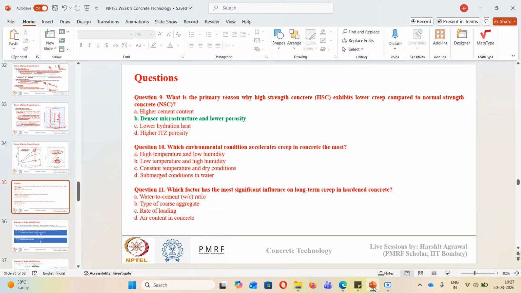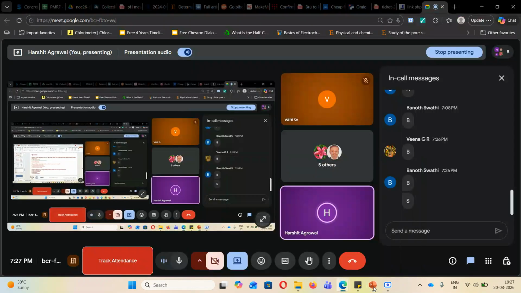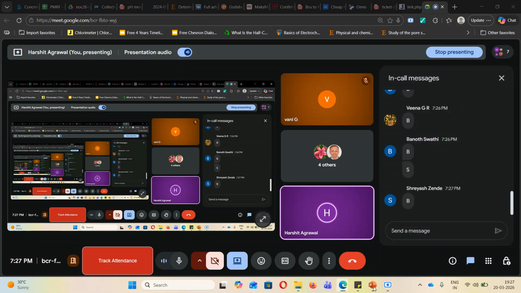Can anyone tell me the answer for question number 10? I'm talking about acceleration of creep. So B won't be the correct answer.